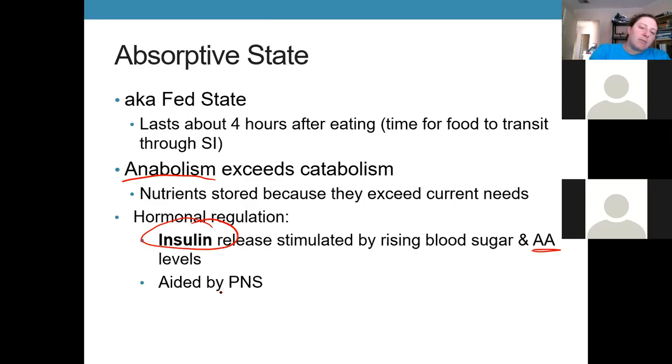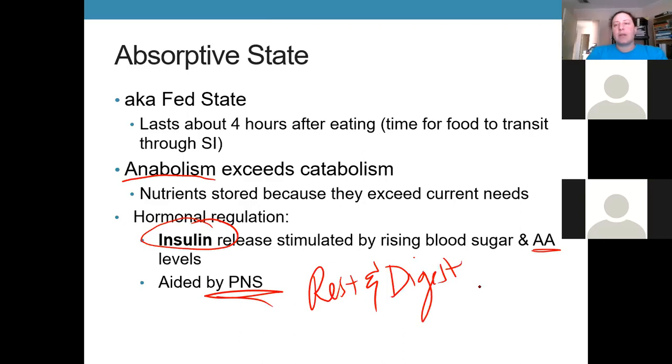Insulin is actually aided mostly by the parasympathetic nervous system. So remember that it's in charge of rest and digest. So it's going to be promoting an autonomic state that favors storing your nutrients, being calm and chill and all that stuff.